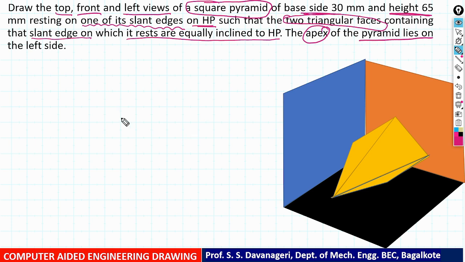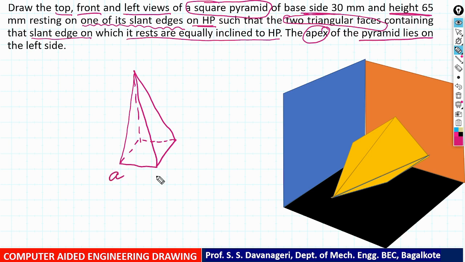So now if you observe the square pyramid, this is a square pyramid.